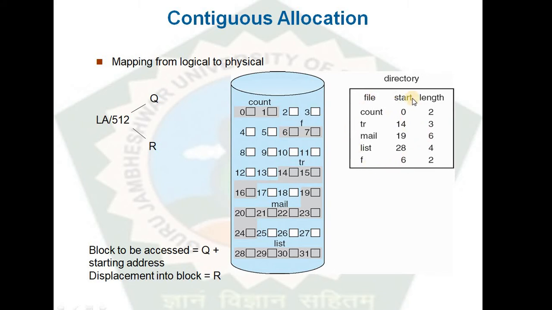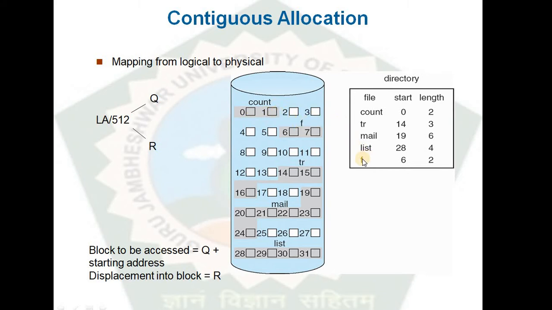This one directory contains different kinds of files, and because it is a contiguous form of file allocation, all the files must be stored continuously. If we talk about this particular file count, it should be continuous. It should not be like some part of count is here, some part is there. No, it should be continuous till its space requirements.